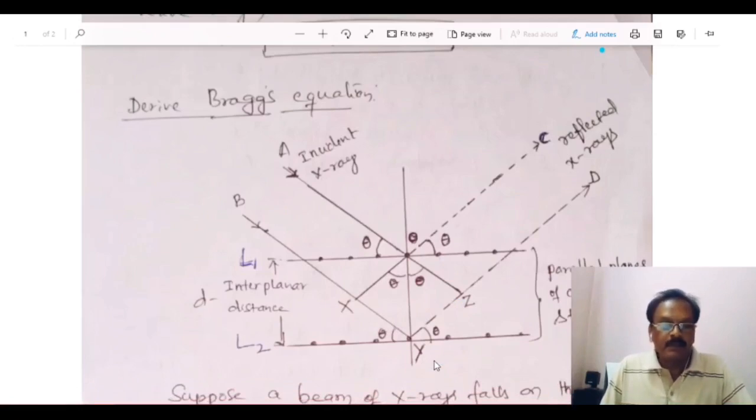The reflected beams like OC and YD then undergo interference with each other.